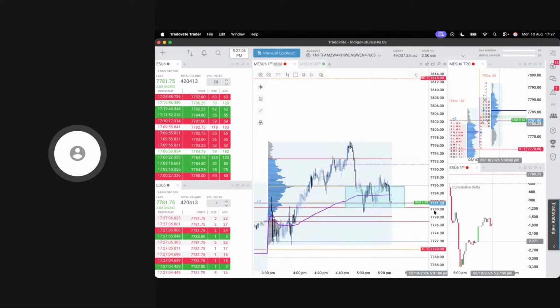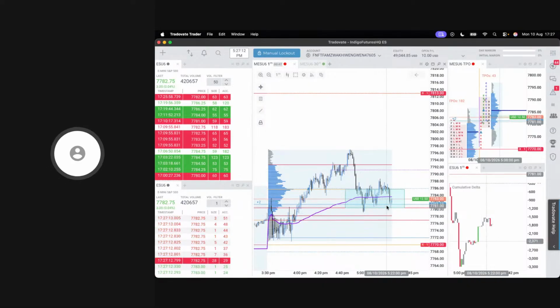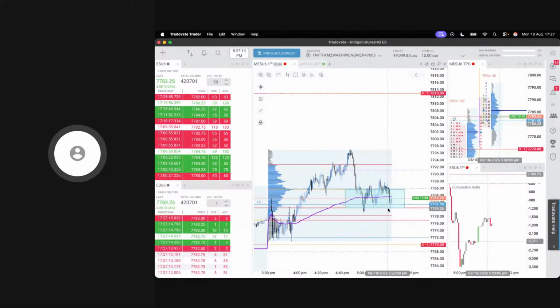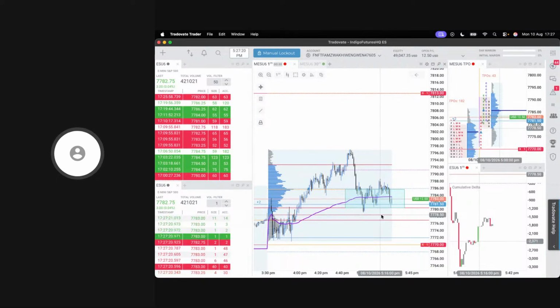If we start accepting inside value, and by accepting inside value, I mean if we come back and start trading below the previous day value area high, slightly below is not bad. But if we get to the previous day point of control and we start trading below the previous day point of control, then that is acceptance of value, right?